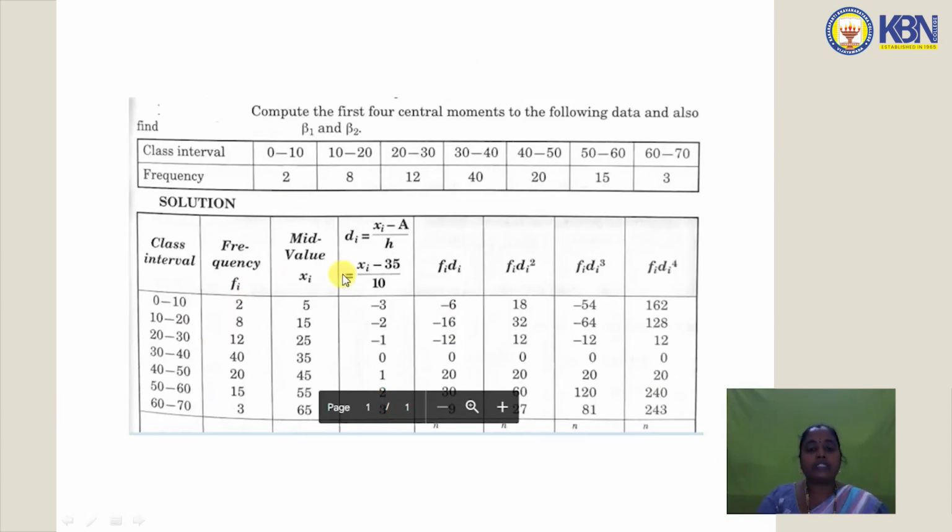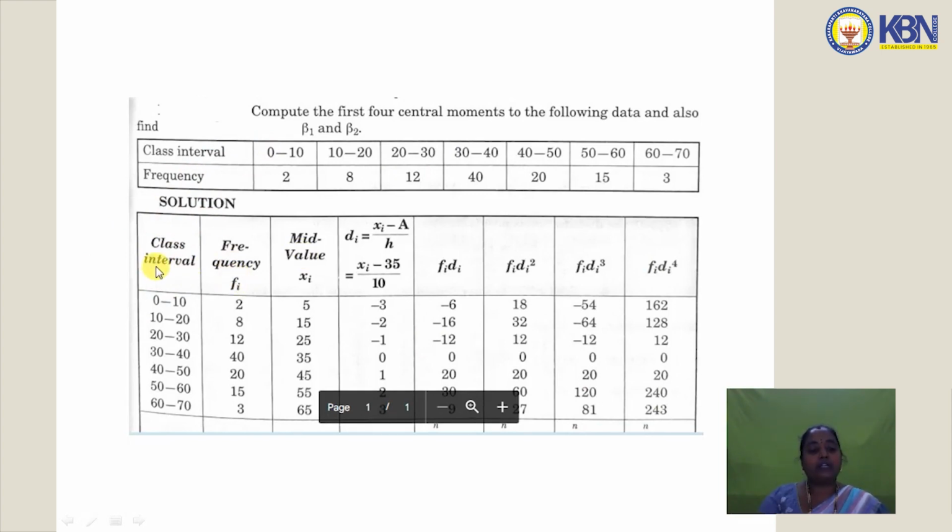Next, if we want to calculate moments, skewness or kurtosis for a continuous series, where the data is given as class interval and frequency, first we solve the problem in tabular form, taking class interval as the first column and frequency as the second column.